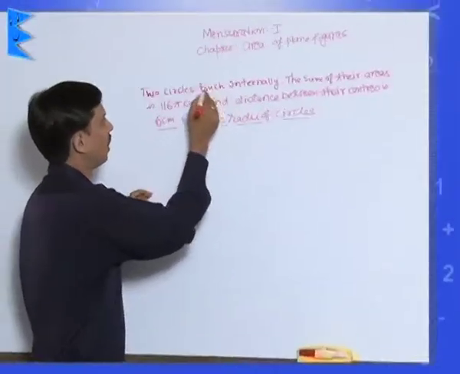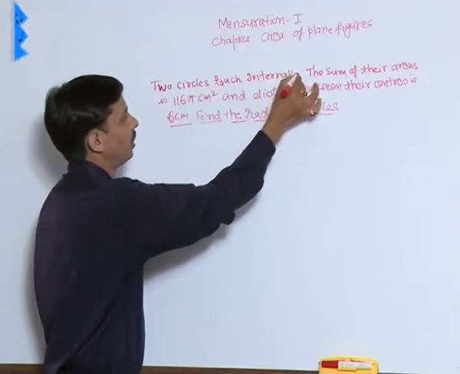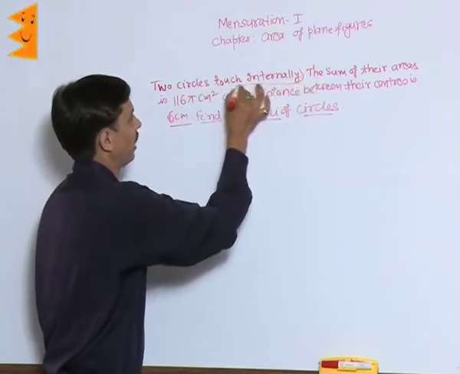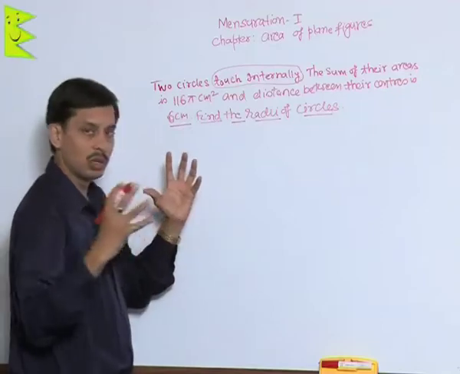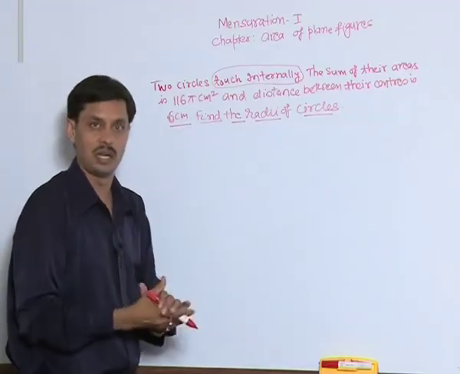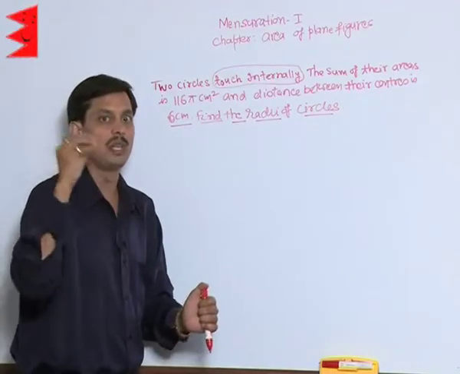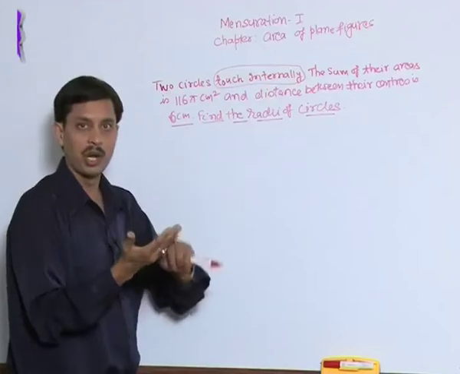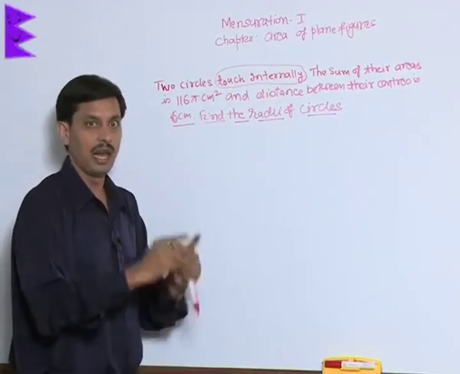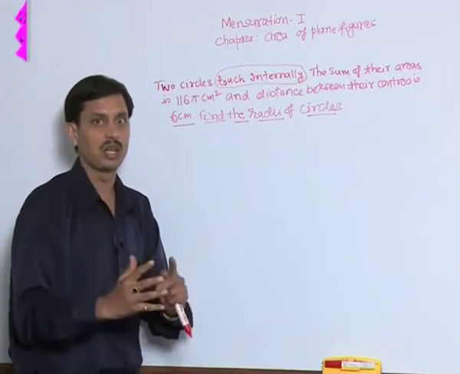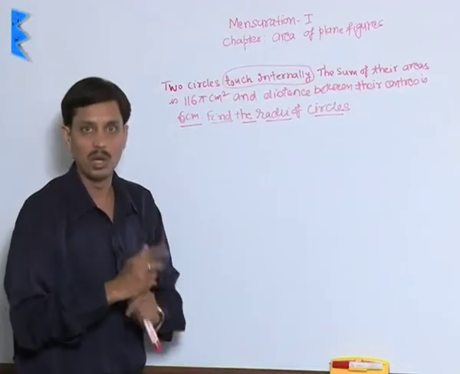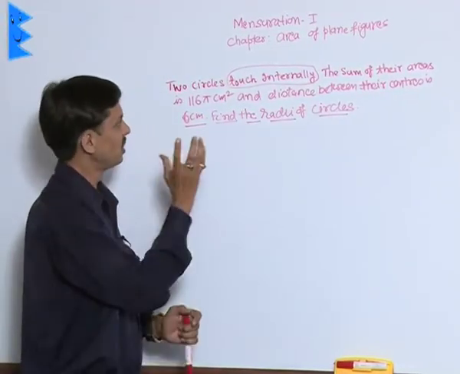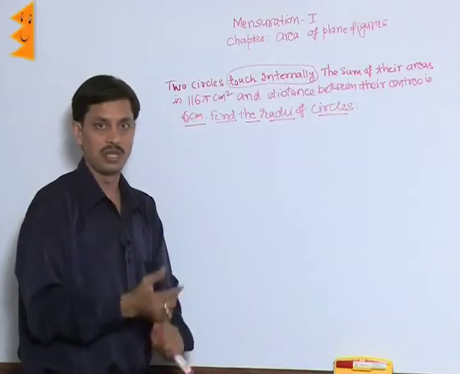First of all, I want to explain to you what happens to the distance between their centers when two circles touch externally and internally. You need to always remember that the point of contact and the two centers of the circles, whether they touch internally or externally, are always collinear. Number one, this is the concept of locus, always required.